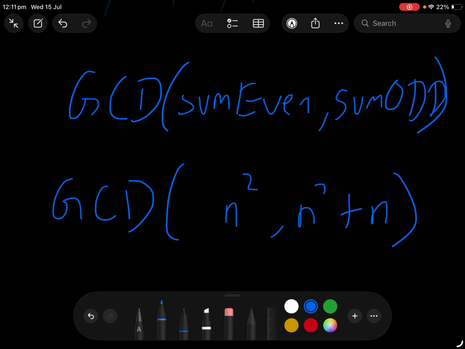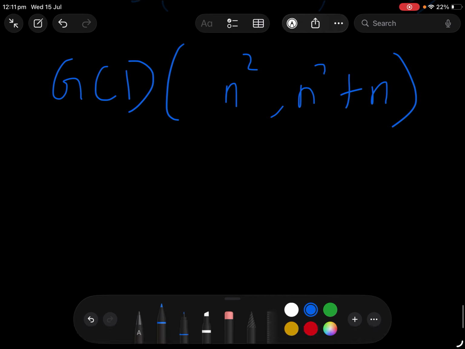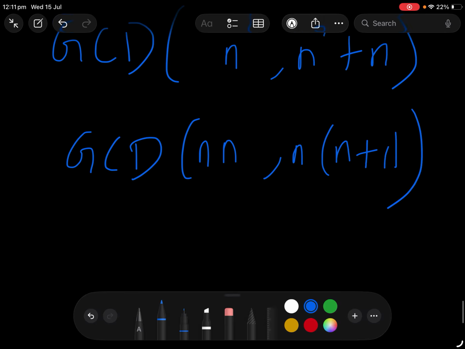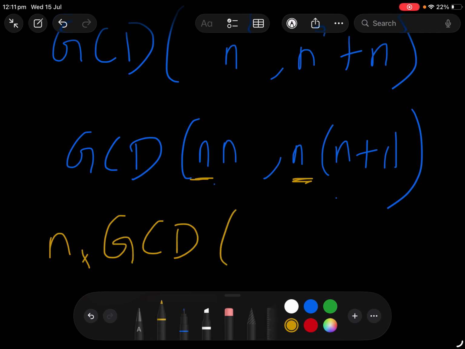So let's write it like this: n into n comma, let's take n common, so it becomes n plus 1. Now since both the numbers have the same multiple n, we can take it outside the GCD, so it becomes n times the GCD of n comma n plus 1.